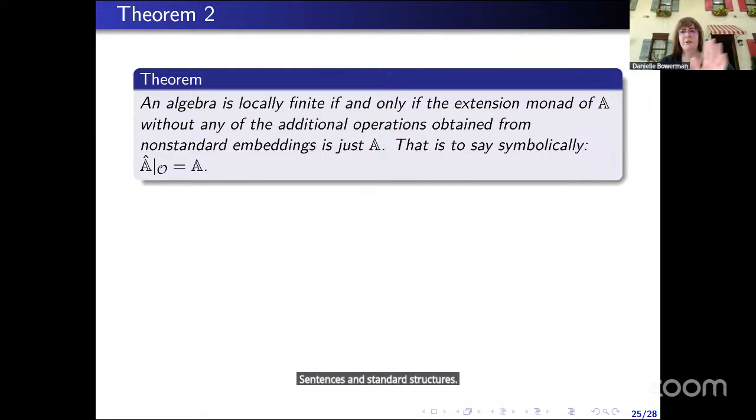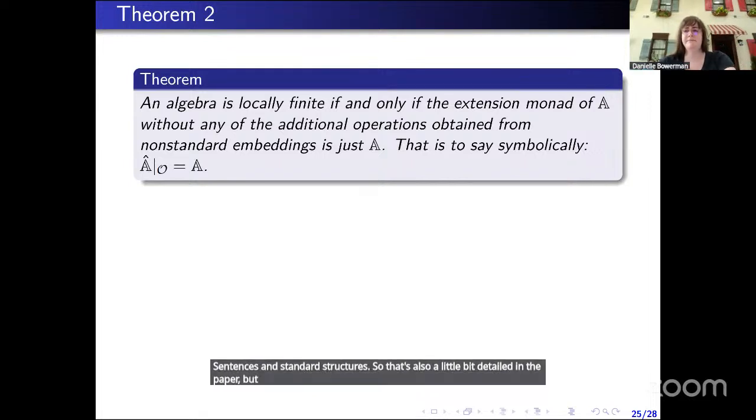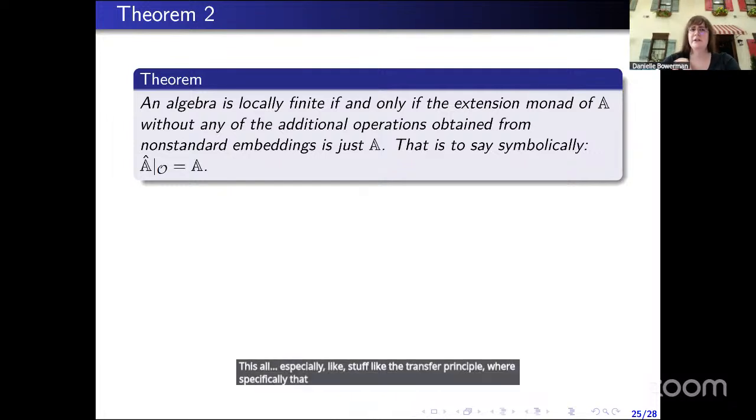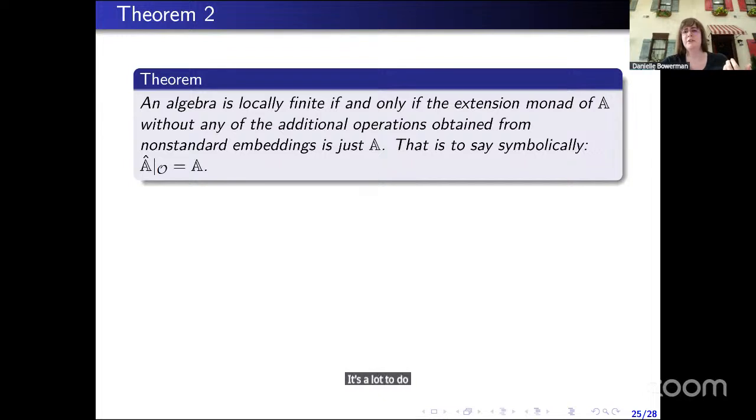That's also a little bit detailed in the paper, but especially the transfer principle, which acts upon logical sentences, has a lot to do with logic. I don't know how much I've worked on foundationally new or different logic, though.